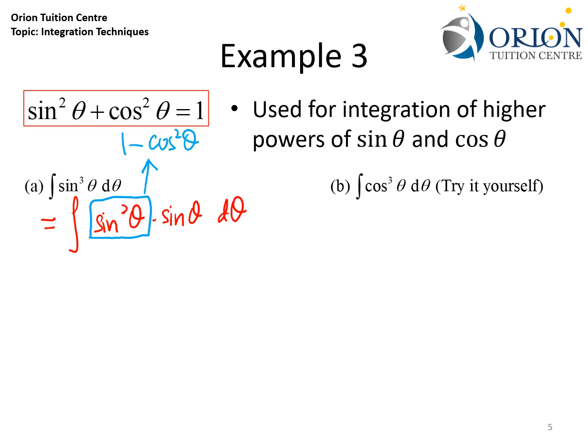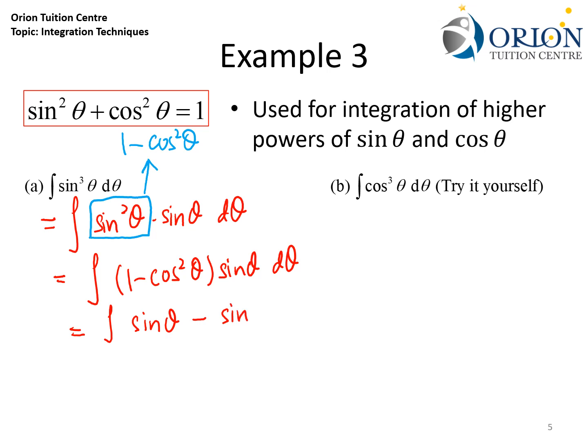So let's make the change now to get 1 minus cosine square theta times sine theta d theta. To solve this integration, we first expand everything out to get the integration of sine theta minus sine theta times cosine square theta d theta.